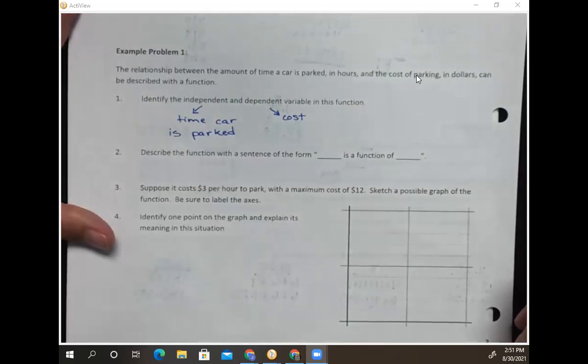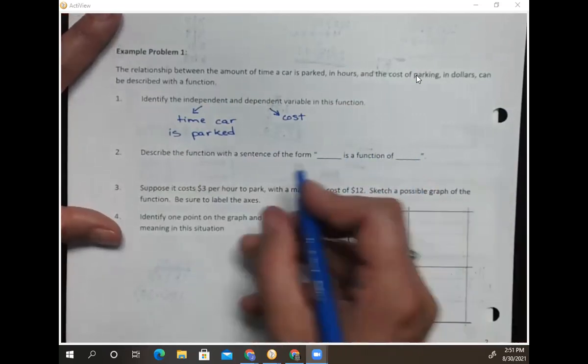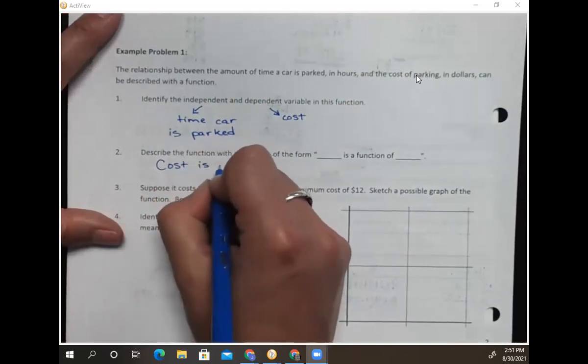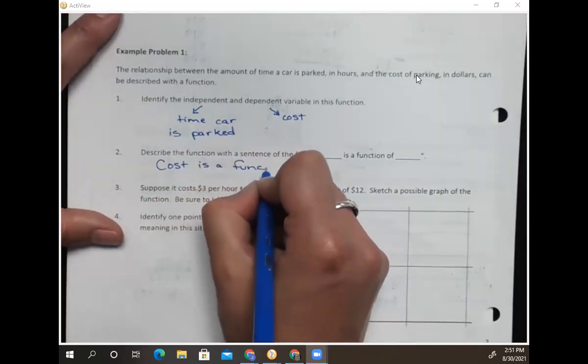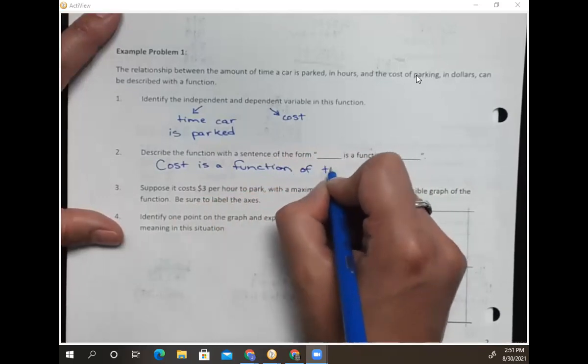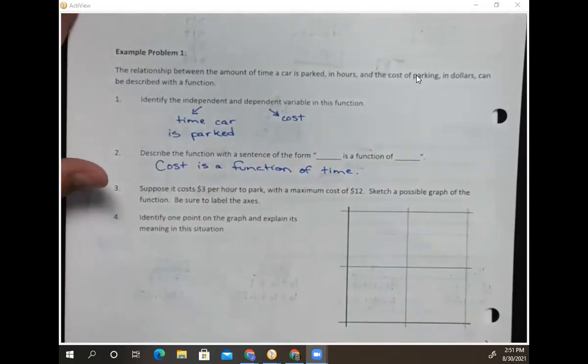Because we know that this is a function, we can describe it with this particular sentence structure. We know that cost is a function of time that we're parked. So for this particular example, cost is a function of time.